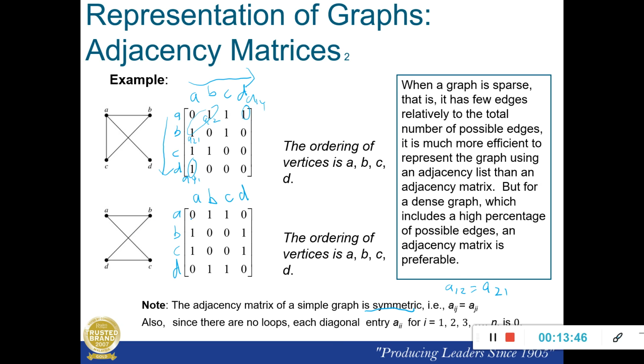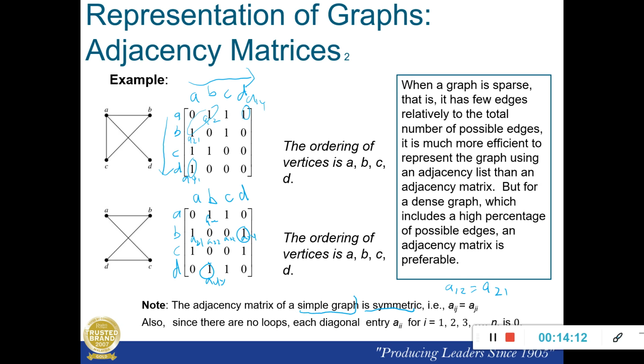Let's see this graph: a_11, a_12, a_21. This one is a_21, a_22, a_23, a_24, and a_42 is 1, a_24 is 1. So this is also a symmetric matrix. Remember, it is the adjacency matrix of a simple graph.